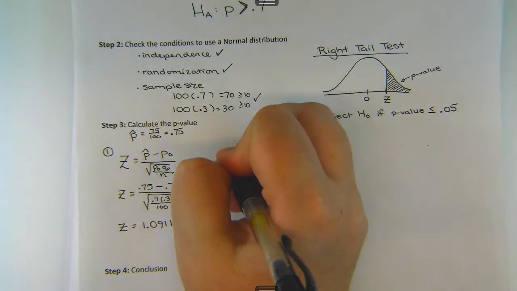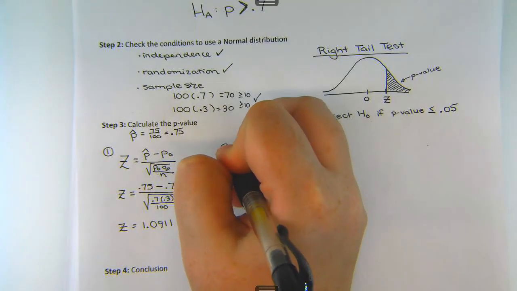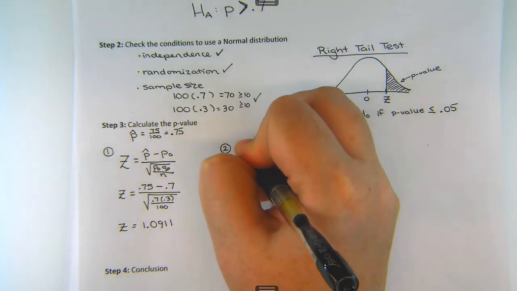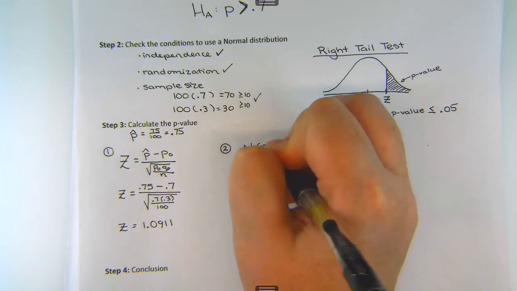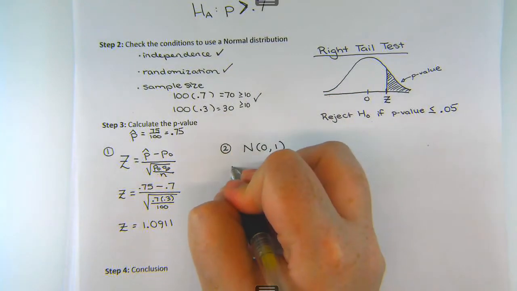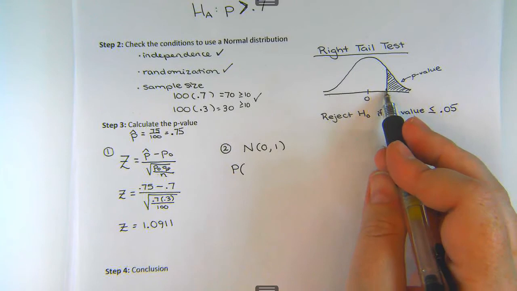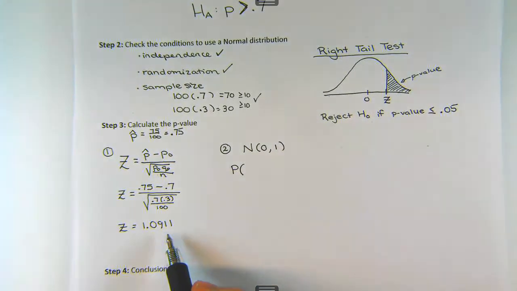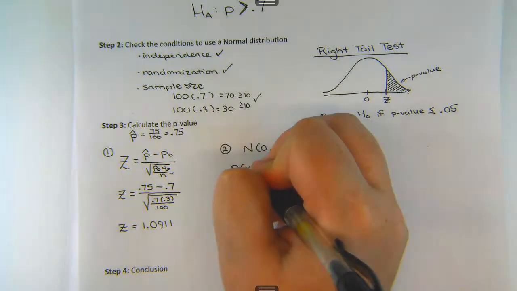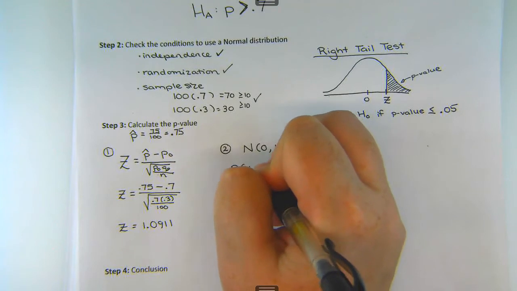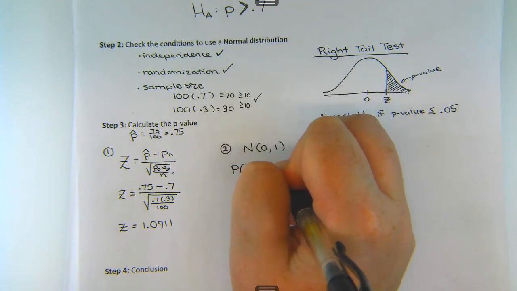All right, finding our p-value, we want to use our standard normal curve, and using technology, we want to look at the probability of being equal to or larger than the z-score. So we're looking at the probability that x is more than or equal to 1.0911.